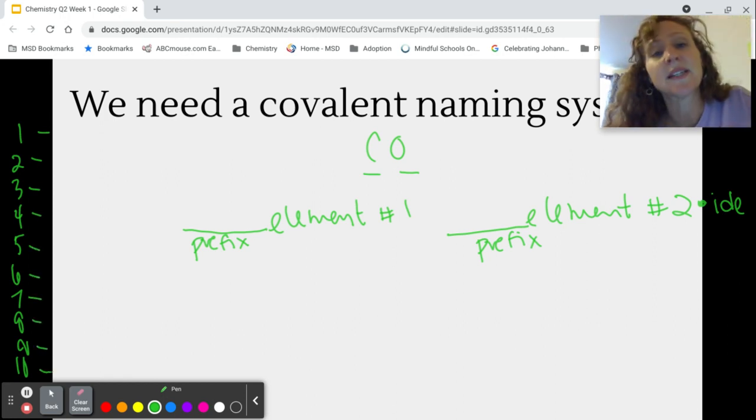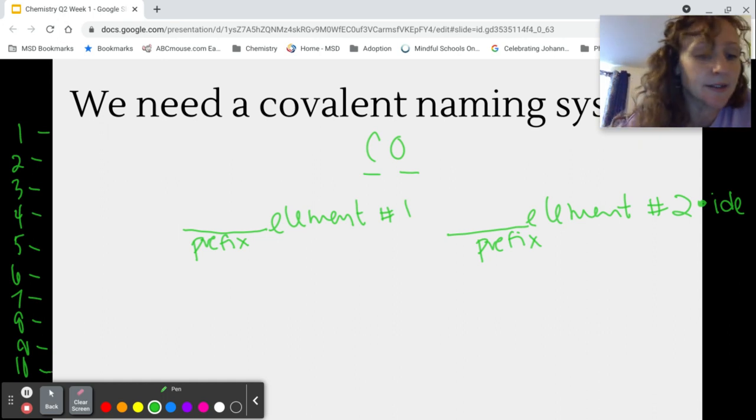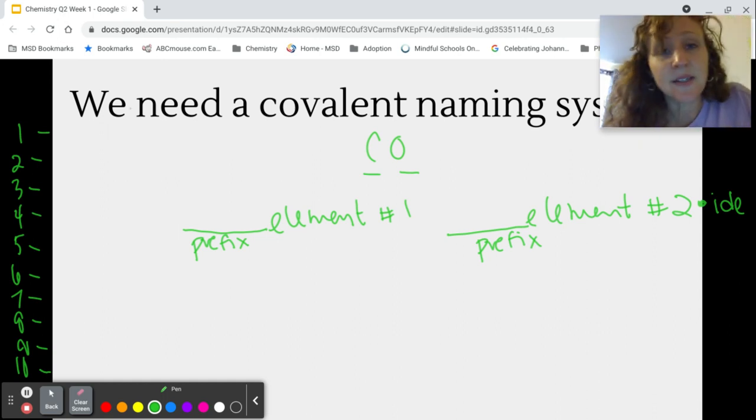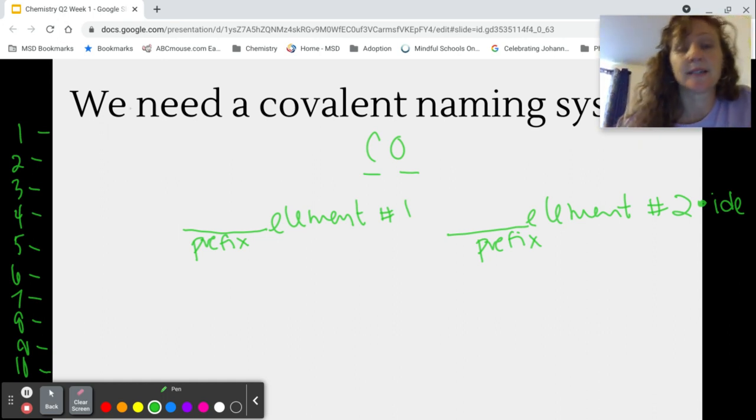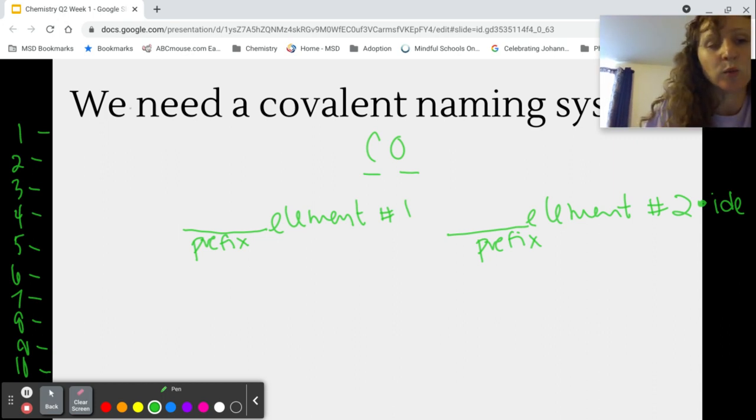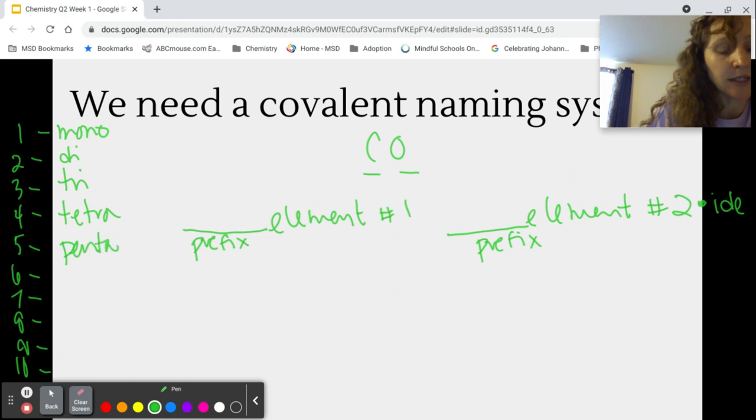So these prefixes follow a system, and the system comes from the Greek. In this system, 1 is mono, 2 is di, 3 is tri, 4 is tetra, 5 is penta, 6 is hexa, 7 is hepta, 8 is octa, 9 is nona, 10 is deca.